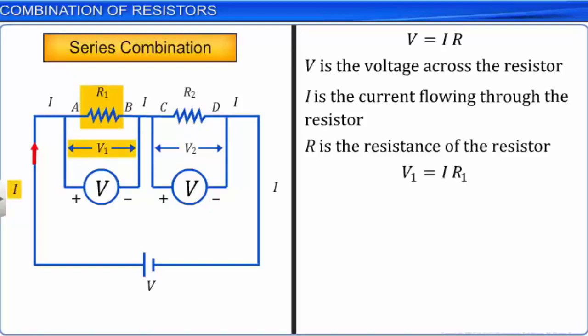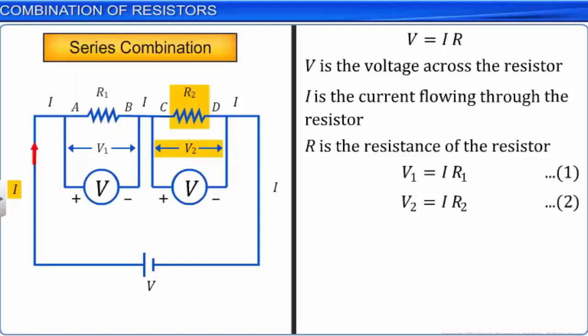The potential difference across R2 is denoted by the equation V2 is equal to I into R2. Let this be equation 2. The potential difference V across A and D, that is, the series combination, can be written as V is equal to V1 plus V2. Let this be equation 3.